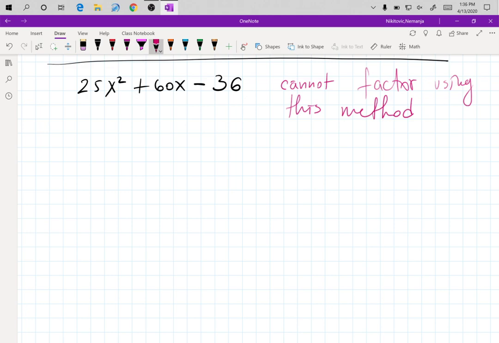Why? Because it doesn't match the formulas. You must memorize the formulas. If you don't memorize the formulas, then you have no chance in doing any of this. And the formulas, what do they all have? They all have a positive here.